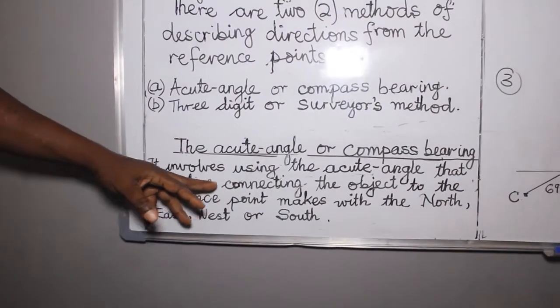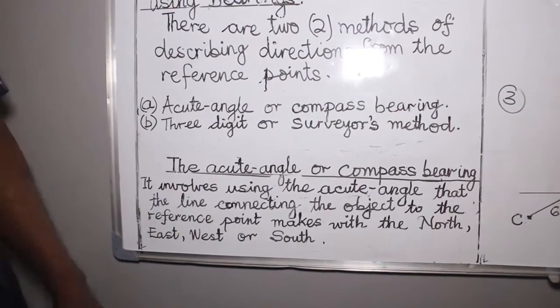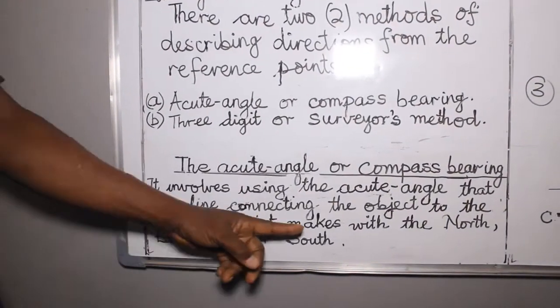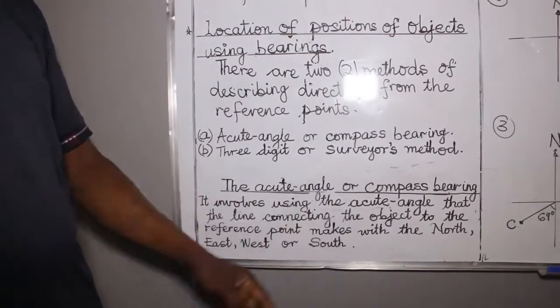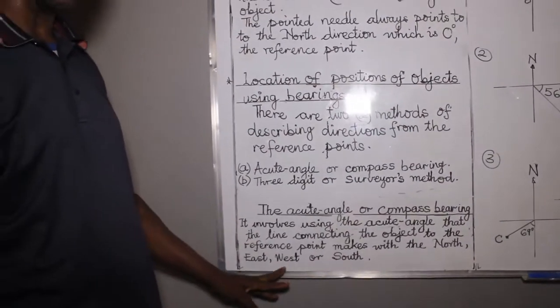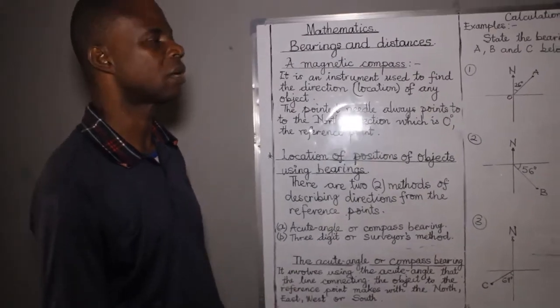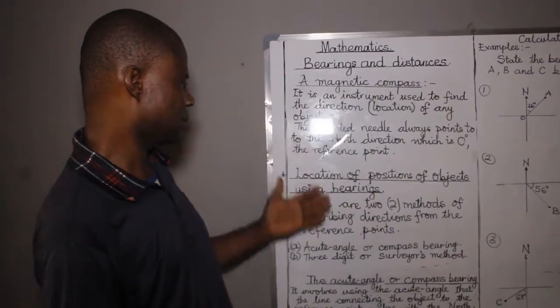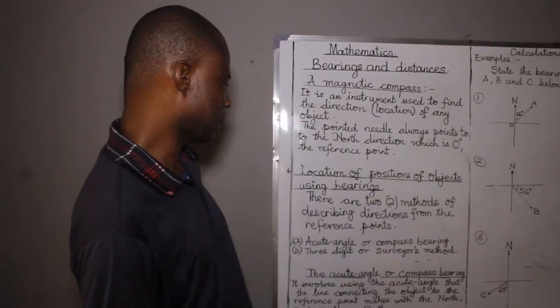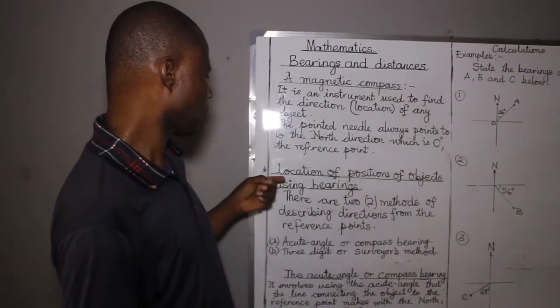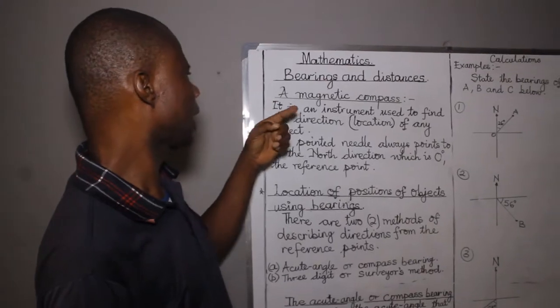It involves using the acute angle that the line connecting the object to the reference point makes with the north, east, west, or south. So these are the few things we need to know under this particular topic, which is bearing and distance.